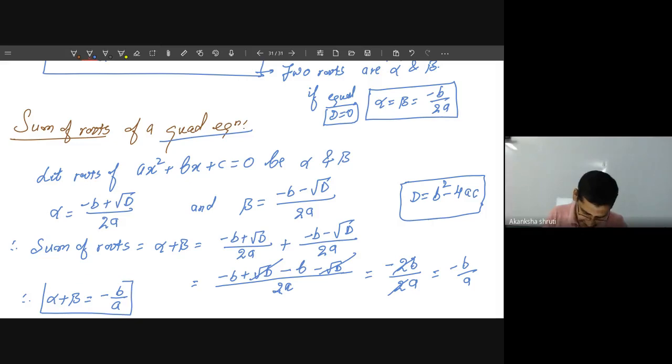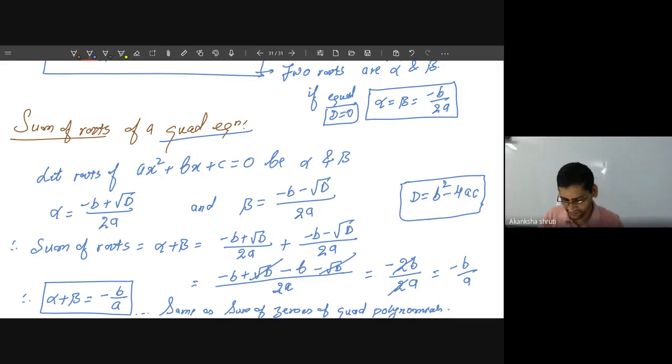This is exactly the same as the sum of zeros of a quadratic polynomial, which we saw earlier. So this thing we have to keep in mind.